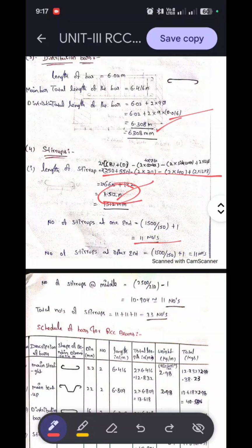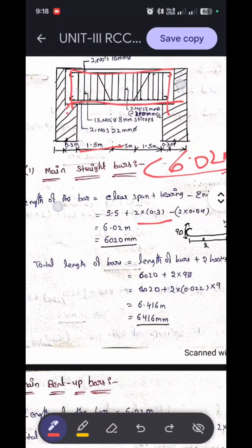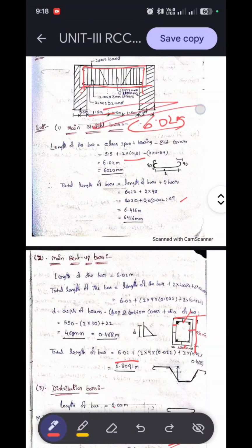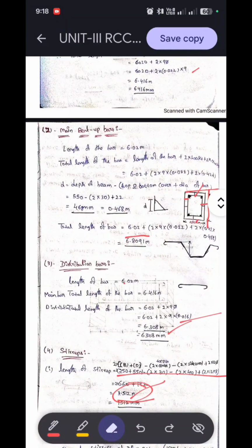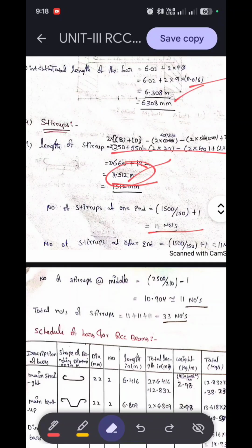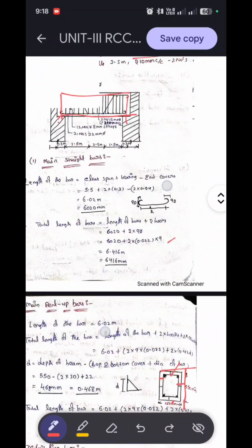Next, number of the stirrups at the middle. The middle spacing length was 2.5 meters, clearly mentioned in the question. 2.5 meters converted into mm, 2500, divided by the spacing of 210 center to center.